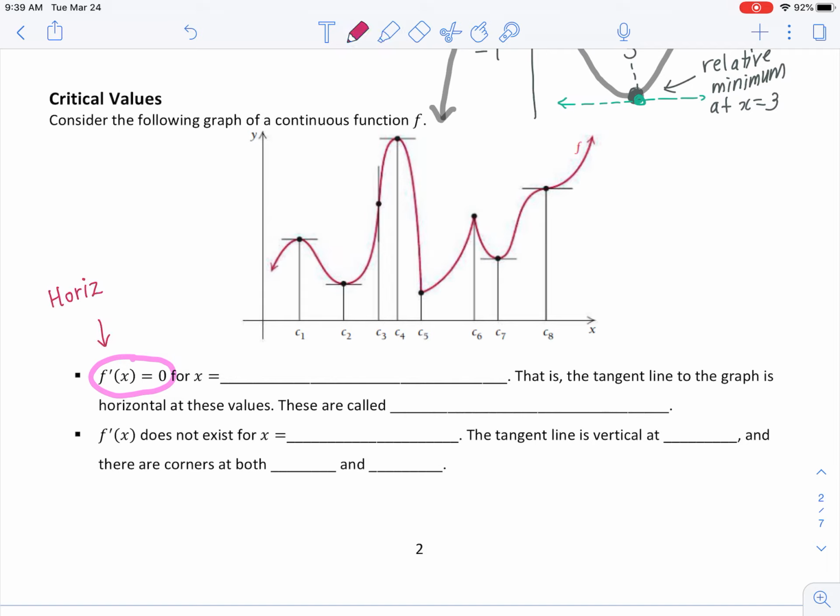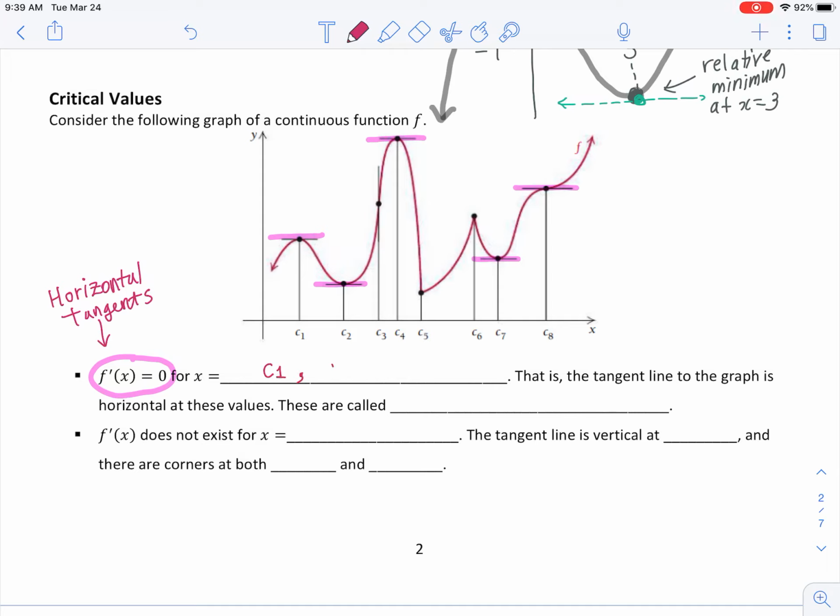What that means is we have horizontal tangents. Now, where do we have horizontal tangents? Right here, horizontal, horizontal, and horizontal. These are the points where we have horizontal tangents.